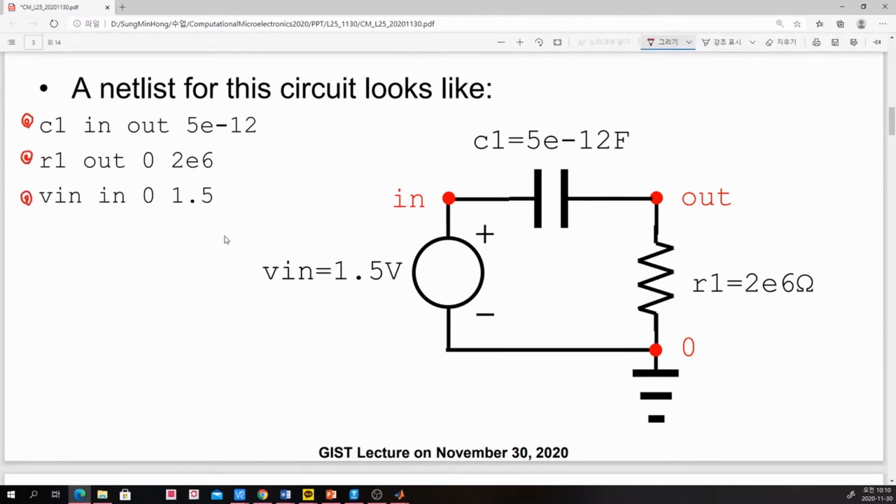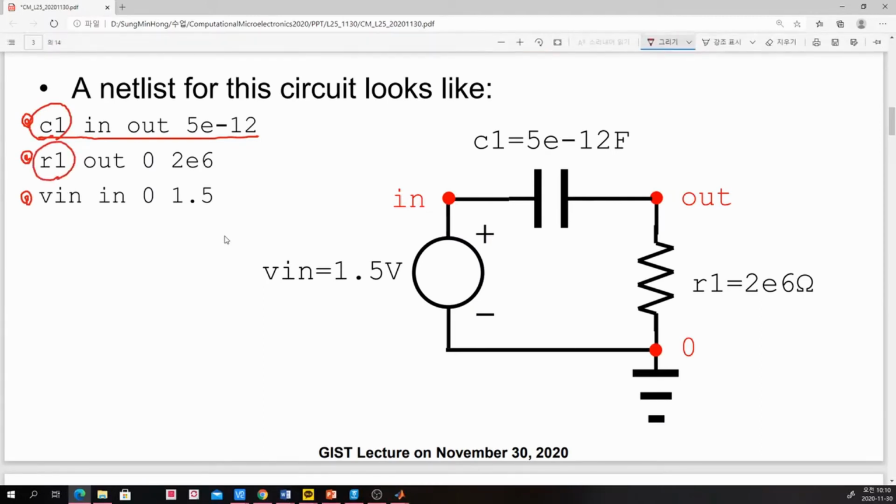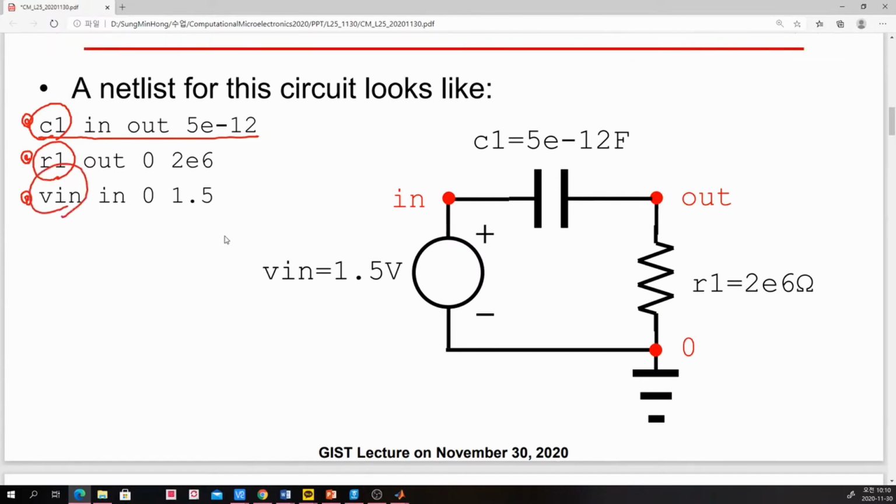So whenever you call C1, then you have to make a new object which is reserved for this C1. However, just describing R1, C1, V in, that is not sufficient for your circuit simulation.